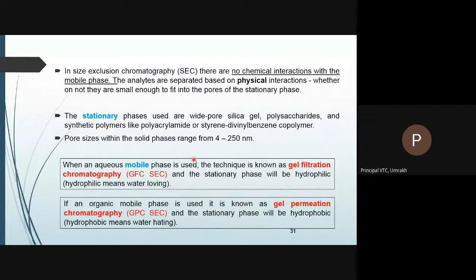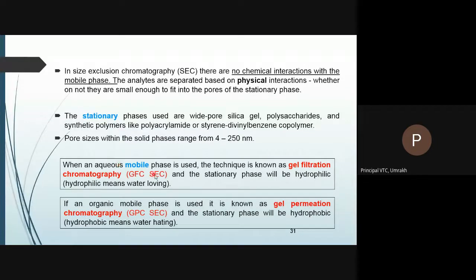The difference between gel filtration and gel permeation chromatography is that if you are using a mobile phase which has an aqueous component, then that technique will be called gel filtration chromatography, GFC. In this case, the stationary phase will be hydrophilic, meaning water loving.